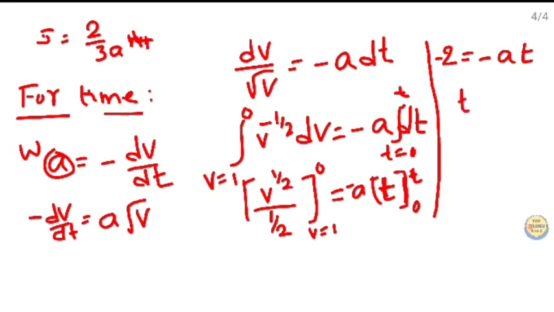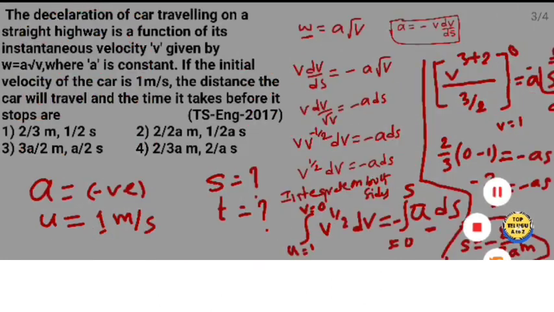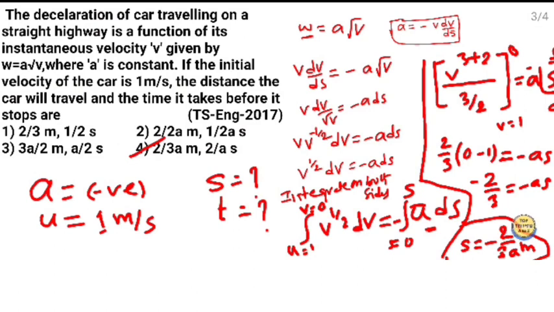Minus minus gets cancelled, t is equal to 2 by a second. This is the time, and the displacement is s is equal to 2 by 3 a. So our fourth option is the correct one. This is the fourth option, the right answer.